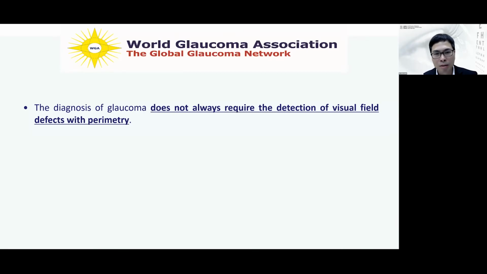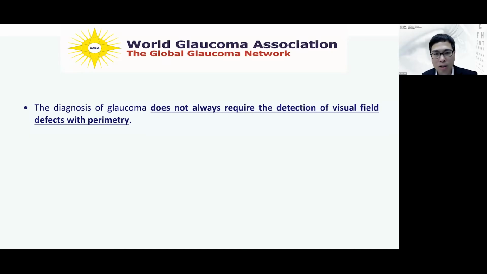And these parameters are important because these are the direct surrogate biomarkers of retinal ganglion cells.